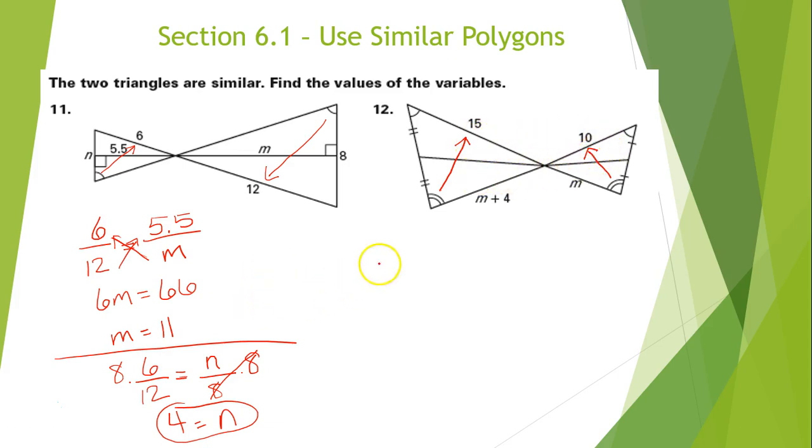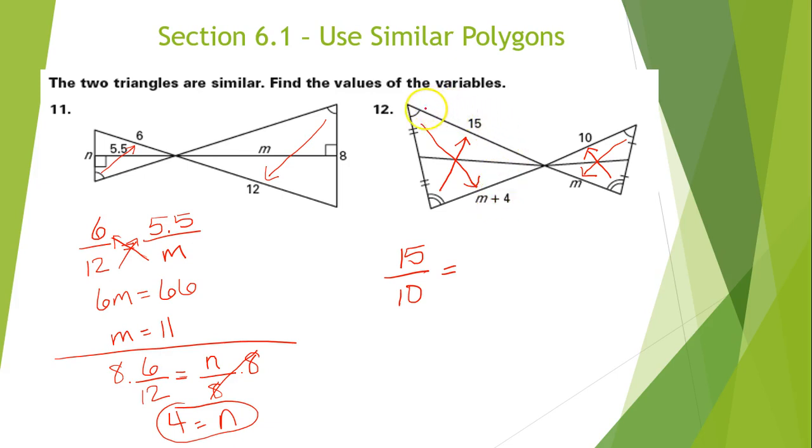They're opposite sides. So let's write 15 over 10, and that is equal to, well, again, the side opposite of that angle marking and the side opposite of that angle marking, those two are going to correspond.